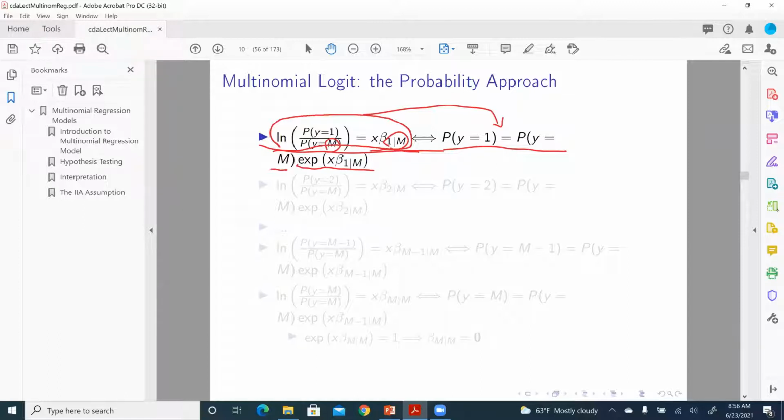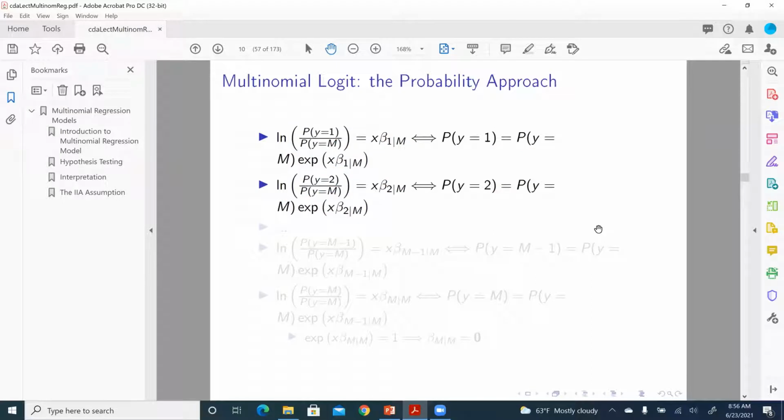On the left-hand side, what's retained is the odds: the probability of y equal to 1 over the probability of y equal to capital M. On the right-hand side, we have the natural exponential of x beta 1 over capital M. Then we move the probability of y equal to M to the right-hand side, and we get this equation.